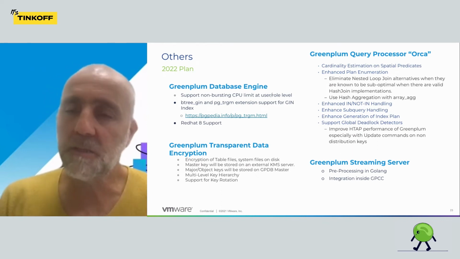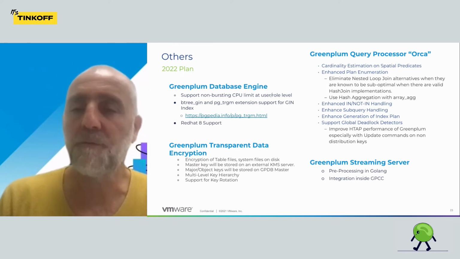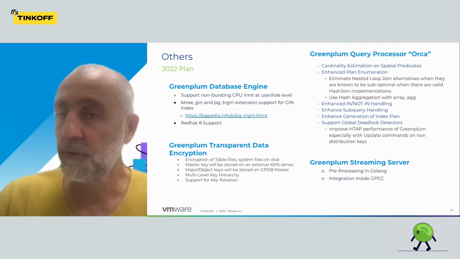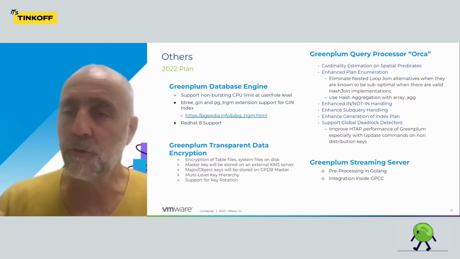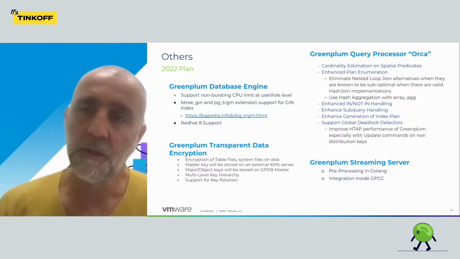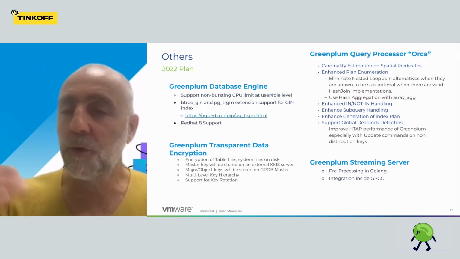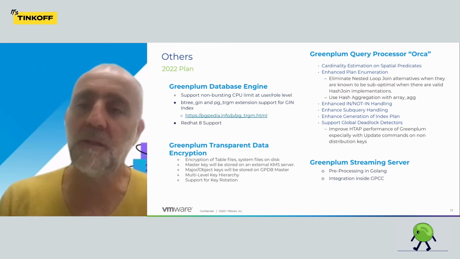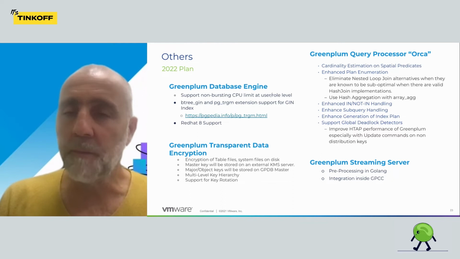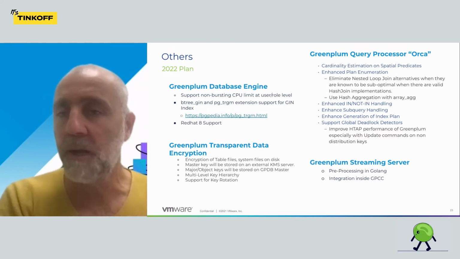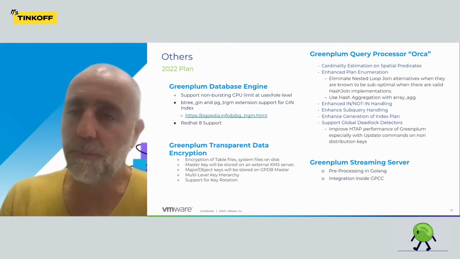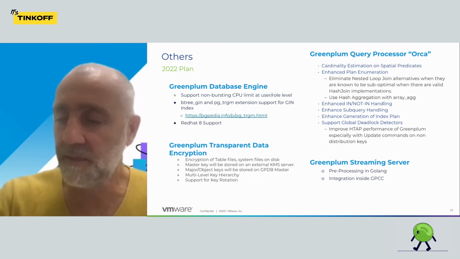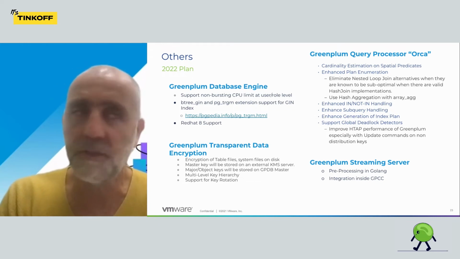By using this setting from 6.16, you can define that all the resource groups will use a strict mode, so they cannot go beyond the limit you have defined. We want to implement this limit not at the global level, but at the resource group level. And this is in the plan now for 2022.